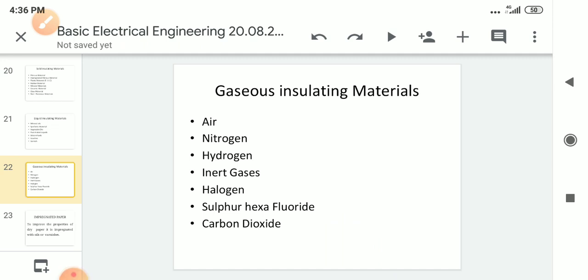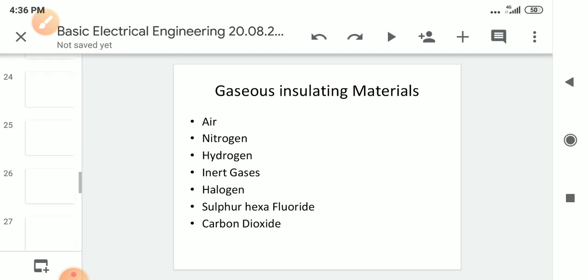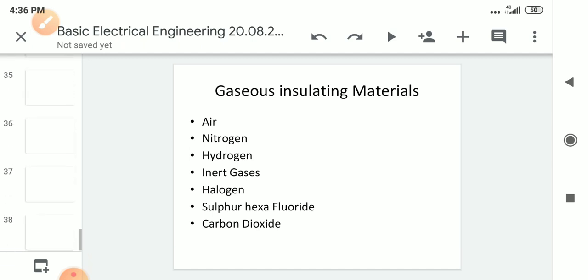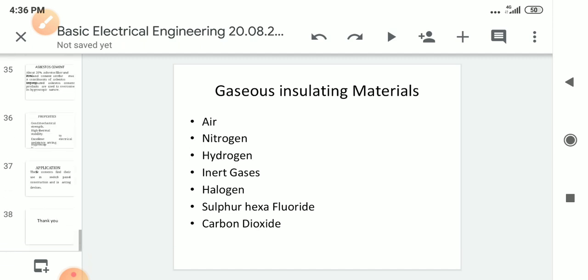So our insulation materials are categorized as solid, liquid type of insulation material and gaseous type of insulation material. We have to study it in detail.